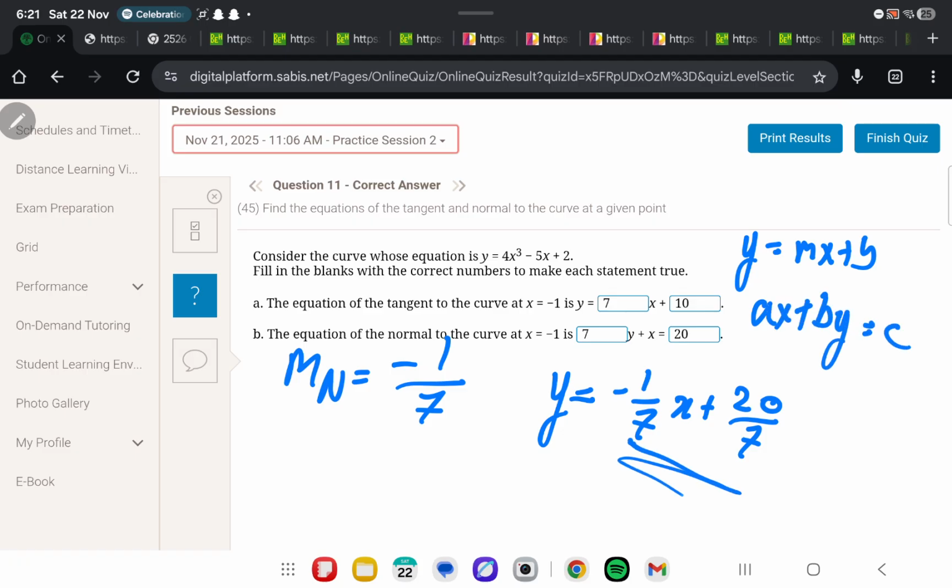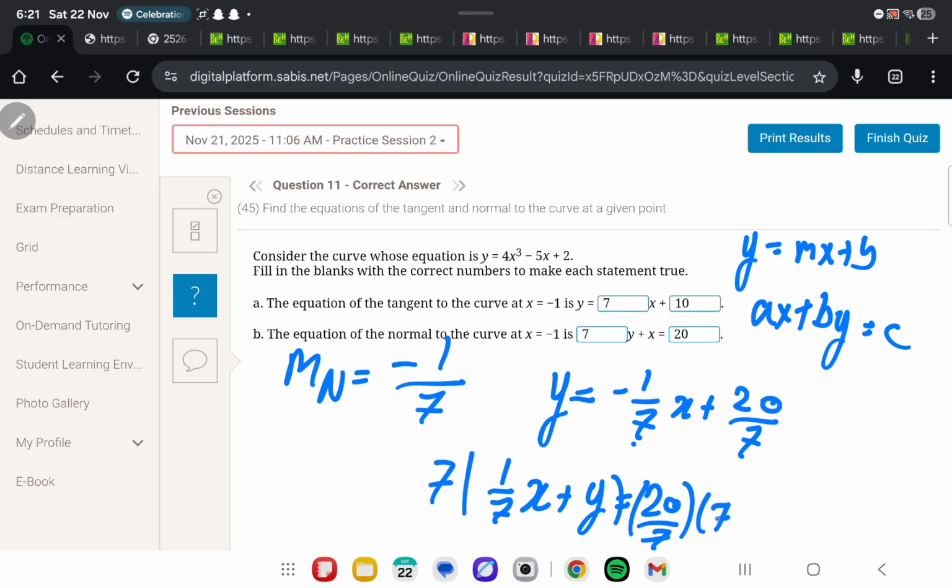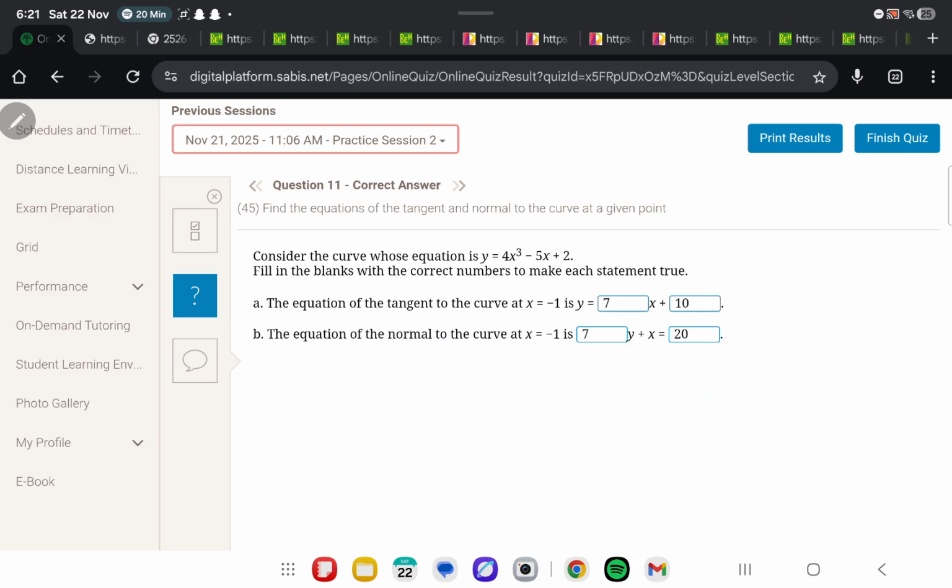Because it's all fractions here, and it's not neat. So they took it to the other side: 1 over 7x plus y is equal to 20 over 7. Then multiply by 7 on both sides, and you'll get x plus 7y is equal to 20, which is their answer. 7y plus x is equal to 20. Same thing. Okay. Question 12.